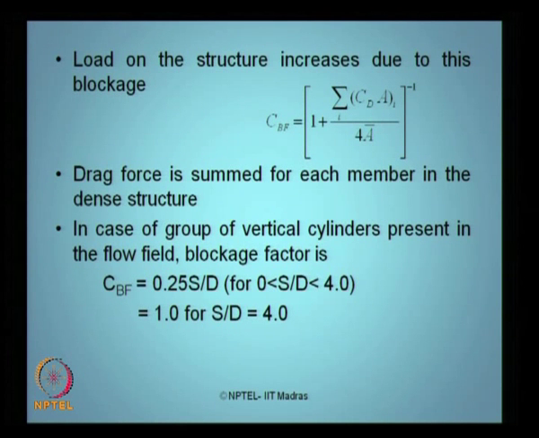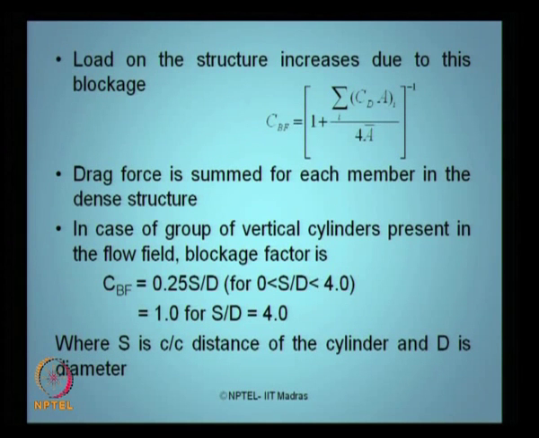Of course this is done for each and every cylinder separately and summed up for finding the drag force on the members. As we already said, S is the spacing of the cylinders and D is the diameter of the cylinders.